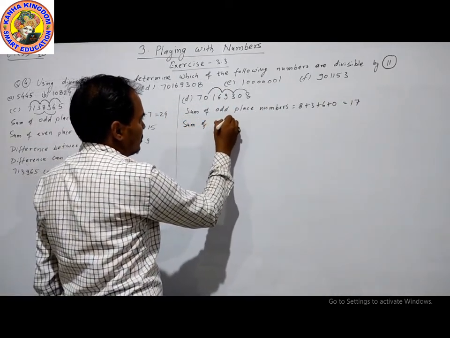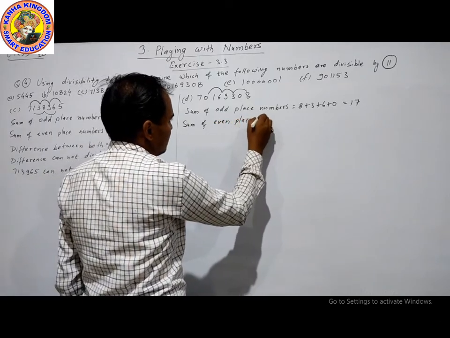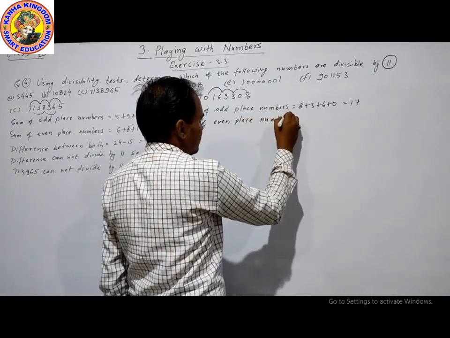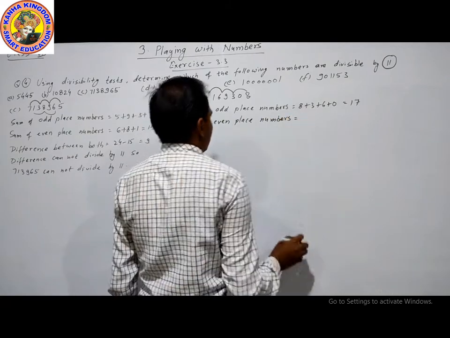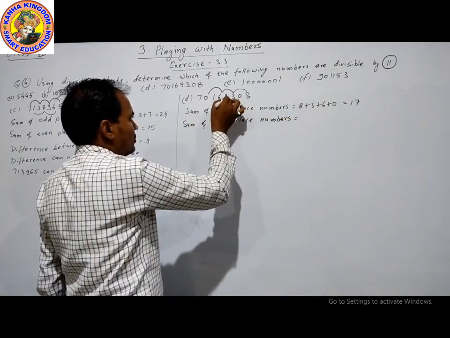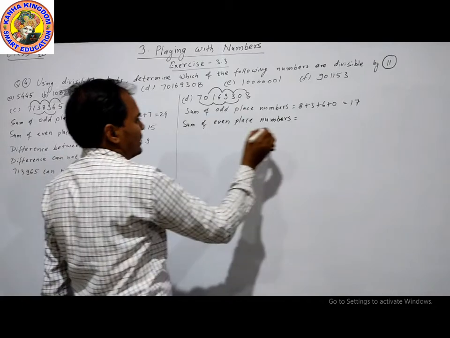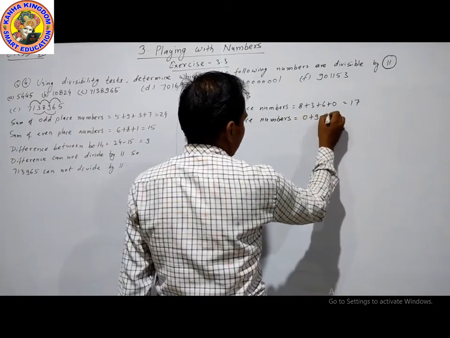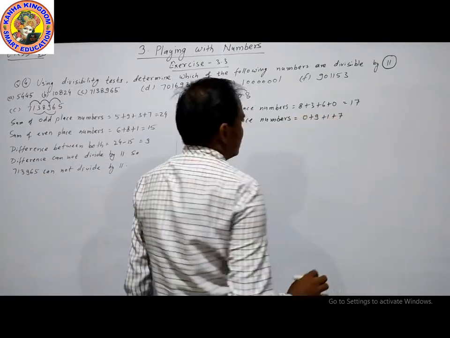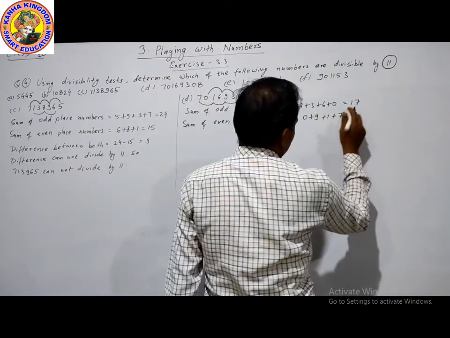Sum of even place numbers: 0, 9, 1, 7. 9 plus 1 is 10, 10 plus 7 is 17.